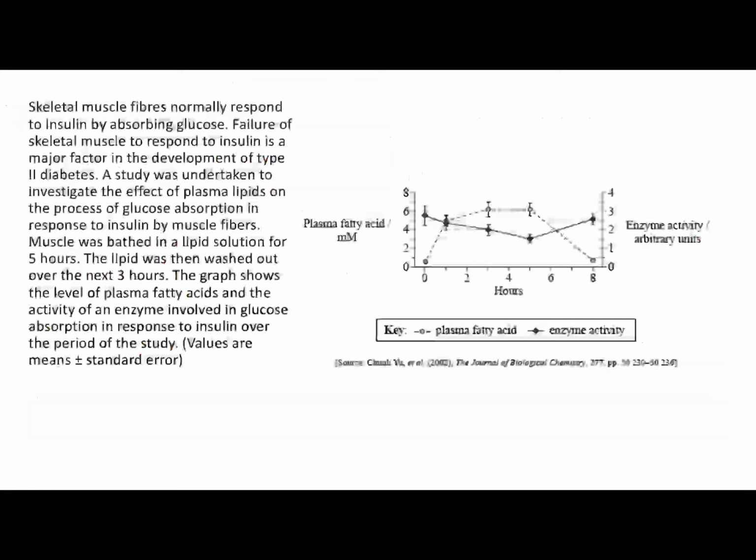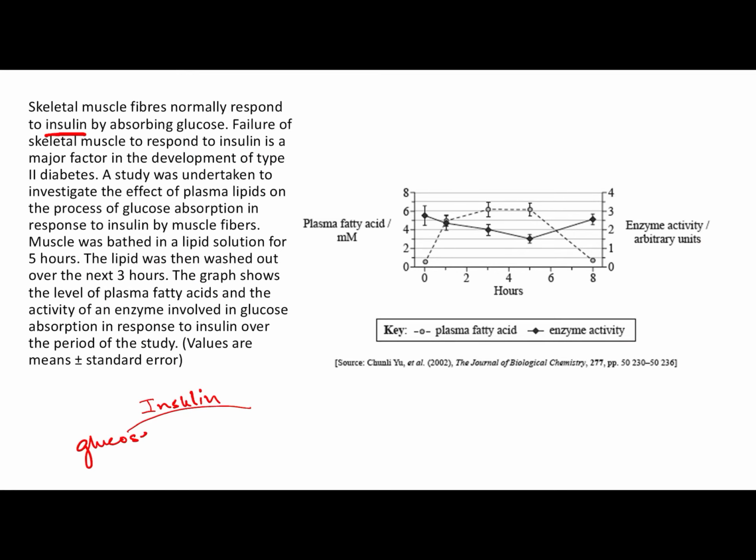Now, the next part of the question has another graph, and there's some information from theory that insulin is produced. We know that the function of insulin is to convert glucose to be stored in the form of glycogen.